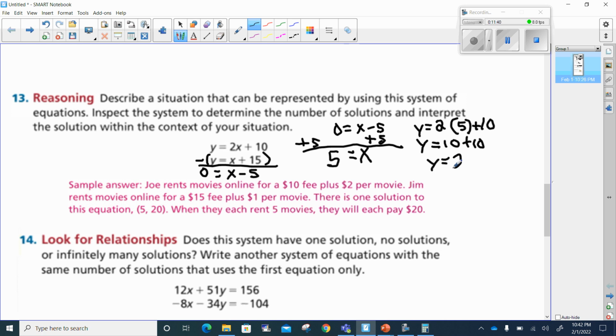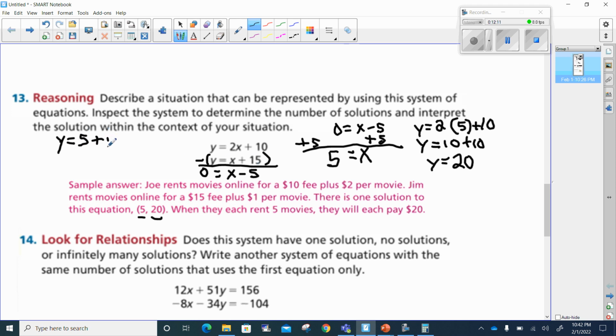And now we see that when x is 5, y is 20. I'm going to double check it by putting it in the other equation. To do this, I'm going to take y, and then I'm going to have it equal to x, which we said again was 5, and that's plus 15.